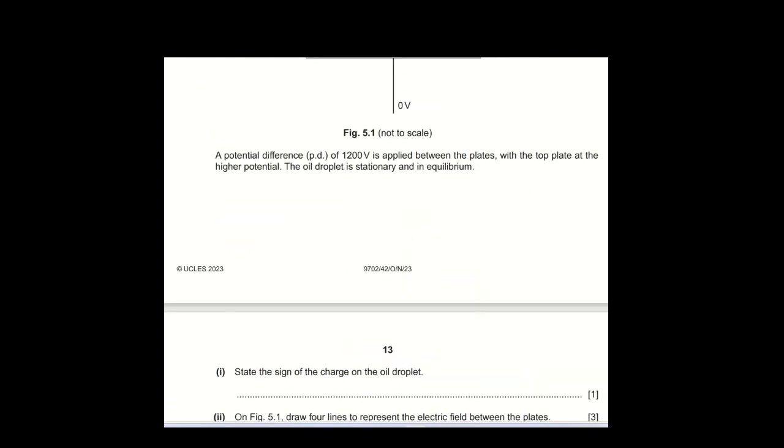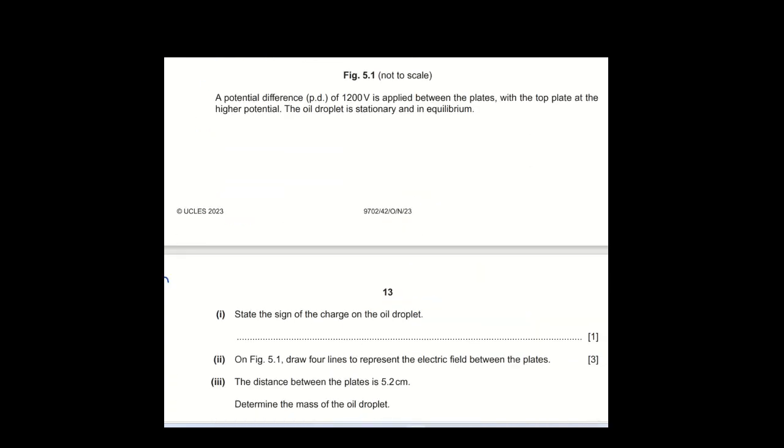So to make it stationary here, this means another force should act in upward direction. Here you can see the positive plate is here. This means it can only attract this ball if this ball is negatively charged. So the sign of the charge on the oil droplet will be negative.